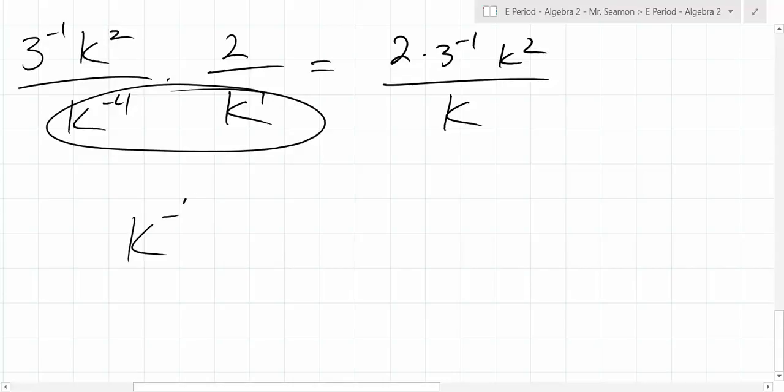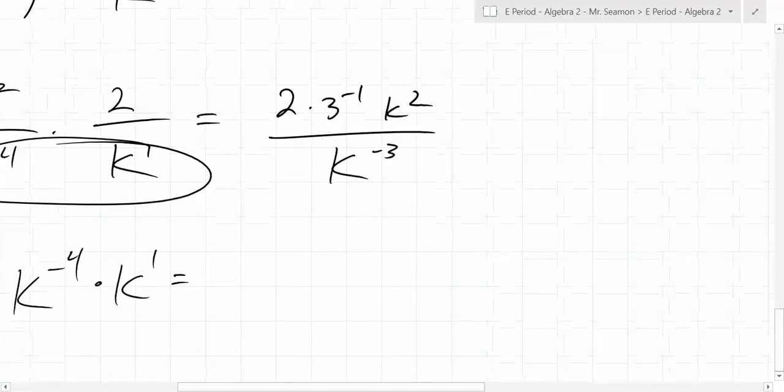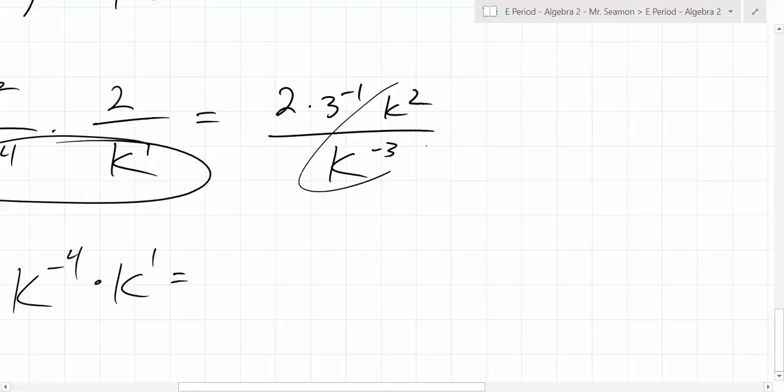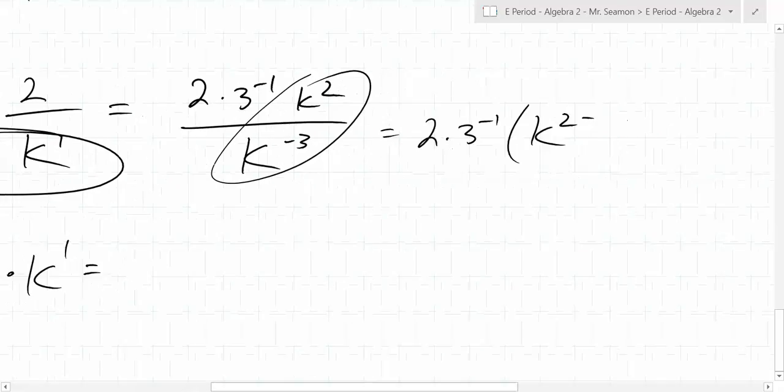What is k to the negative 4 times k to the first? It's k to the negative 4 plus 1. So what becomes negative what? 3. I'm just simplifying the numerator and denominator first. Now, what lines up? So you have 2 times 3 to the negative 1 times k squared minus what?